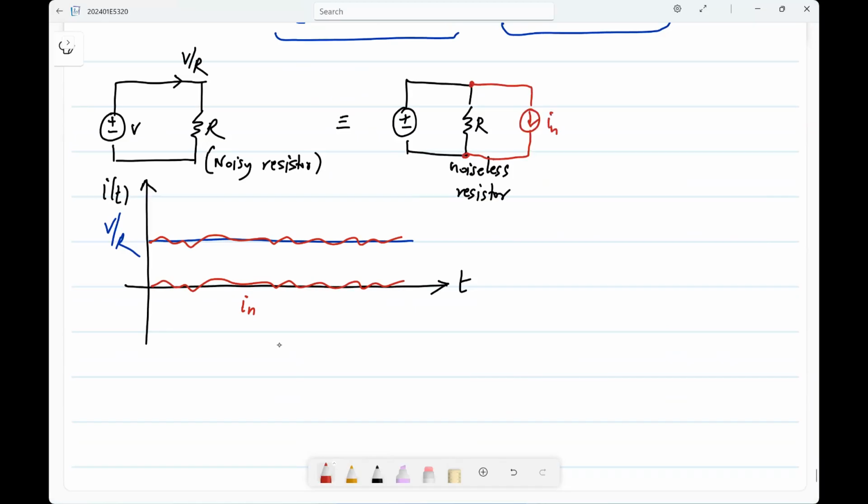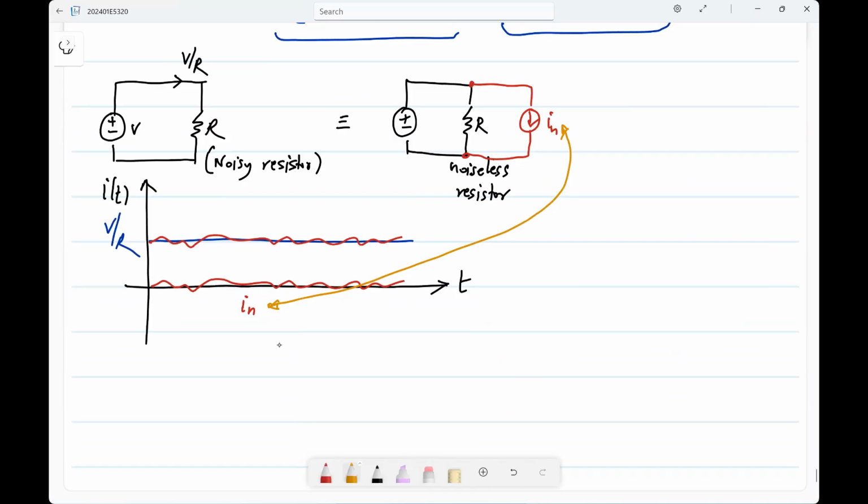IN is that noise current. Okay. So this IN is that one. Okay. So this means that we analyze the signal and the noise as separate sources, right? Now we should know how much this IN is.